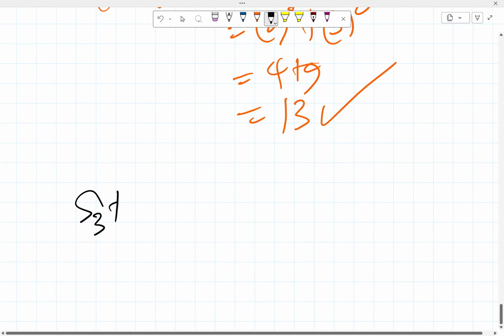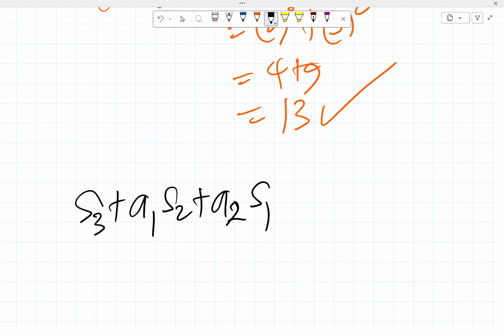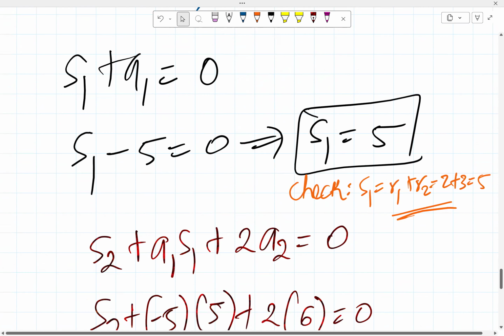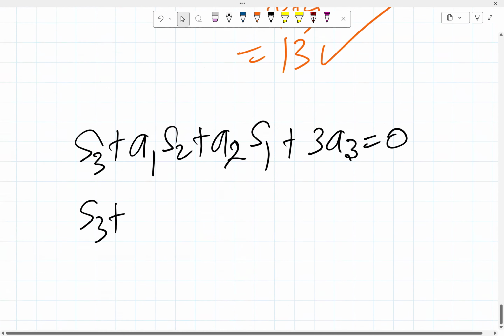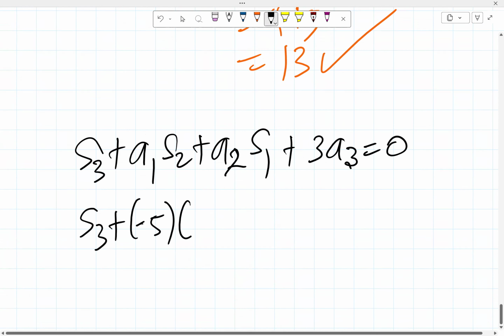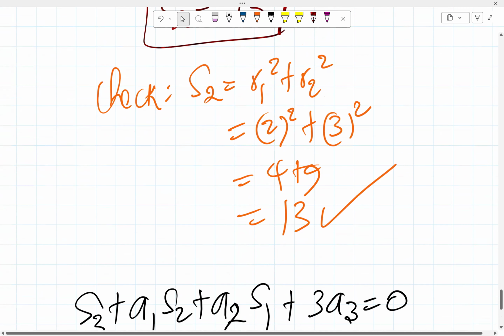So we know S3 plus A1 S2 plus A2 S1 plus 3A3 equals 0. We don't know S3. A1 is minus 5. We know S2 now, S2 is 13.